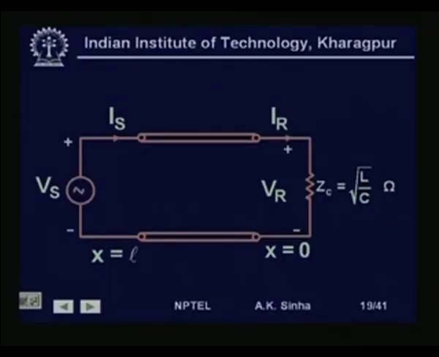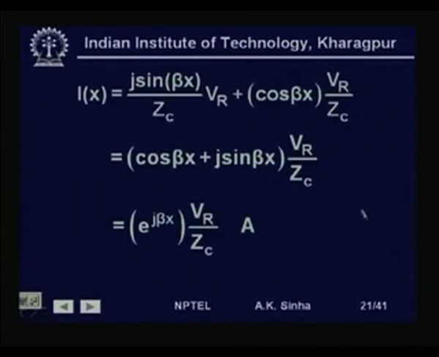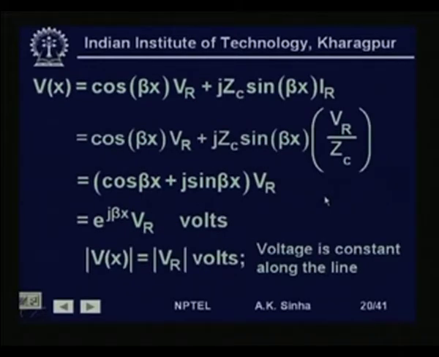Now, if we look at this transmission line and terminate it into Zc, that is, if we load this line with an impedance equal to the characteristic impedance or the surge impedance, which for a lossless line is Zc equal to root L by C, then we get Vx is equal to cos beta x into Vr plus j Zc sin beta x into Ir.